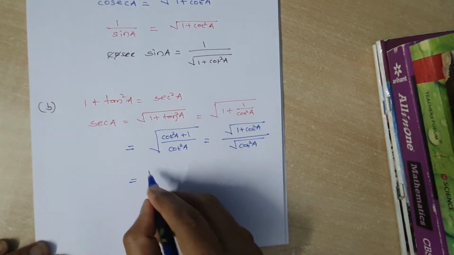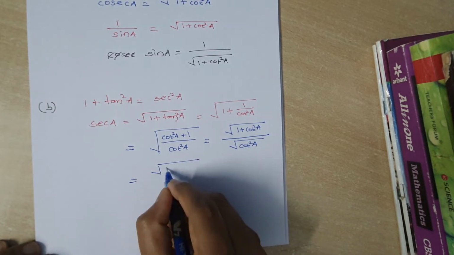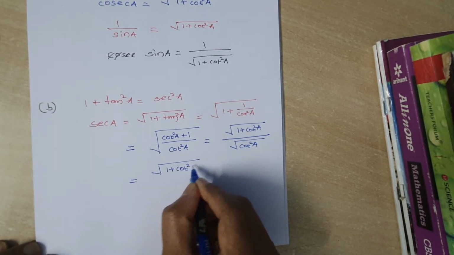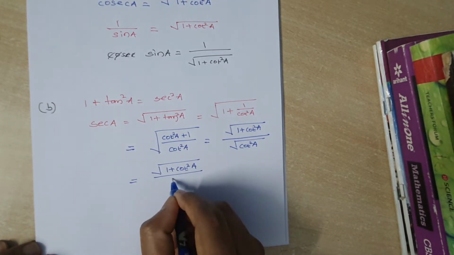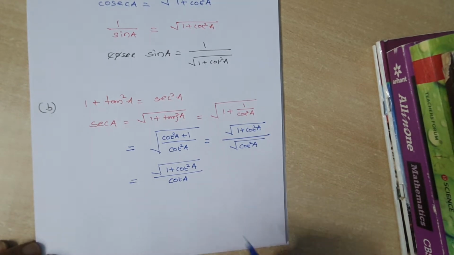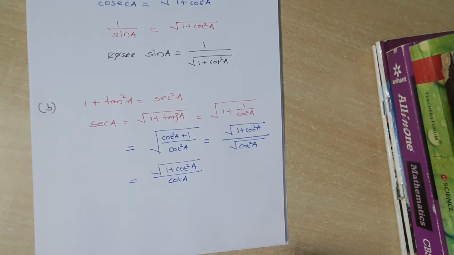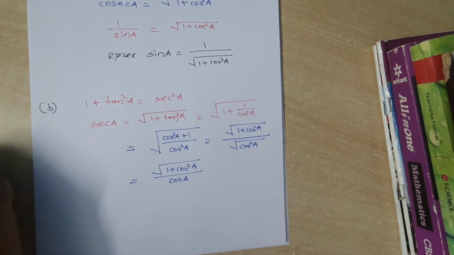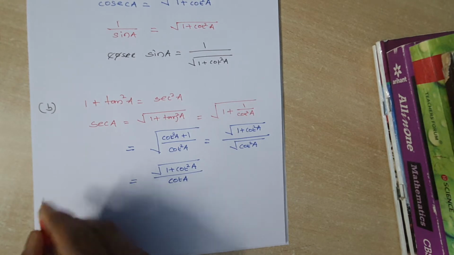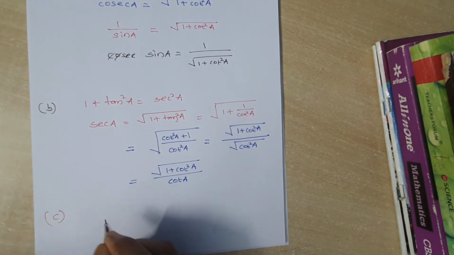So finally we can write square root of 1 plus cot square A by cot A. Now let us do the third one, tan A. We have to express tan A in terms of cot A. That is very simple.